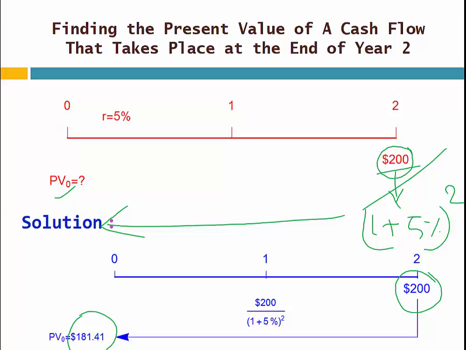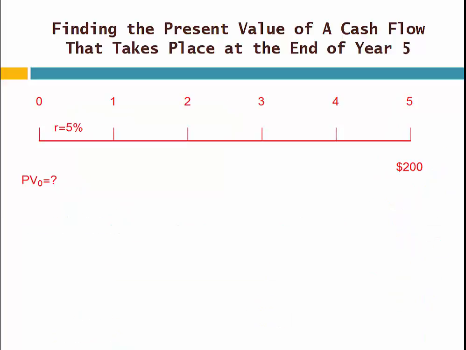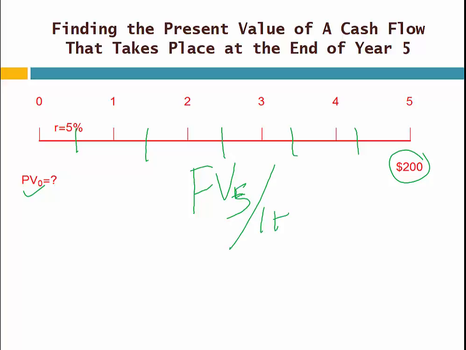So let's get to another example. In this example, instead of 2 periods, I have now how many periods? 1, 2, 3, 4, 5 periods, right? So you're getting 200 in 5 years. What is the present value? Remember the formula, right? If you know the future value, you divide this by 1 plus r to the power 5, and it gives you the present value.